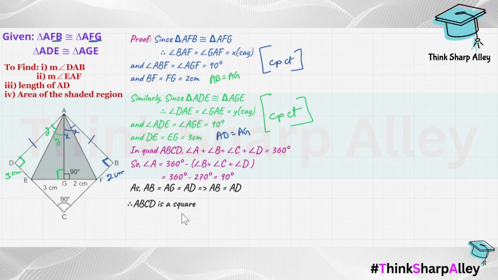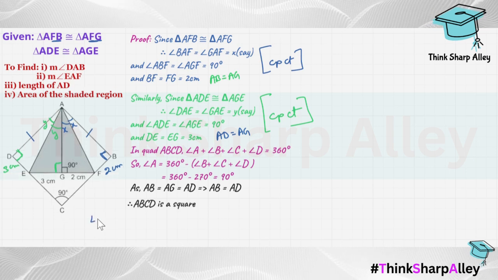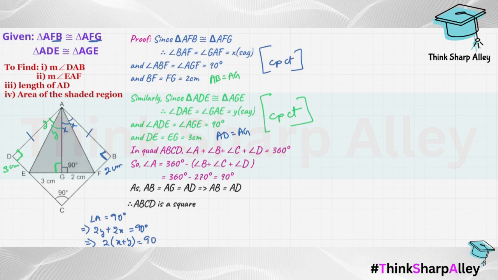So if ABCD is a square, we have angle A as 90. So we can find out next part angle EAF. So angle A is equal to 90 degree, which means 2y plus 2x equals to 90 degree, which implies 2 into x plus y is equal to 90 degree, and that implies x plus y to be equal to 45 degree.